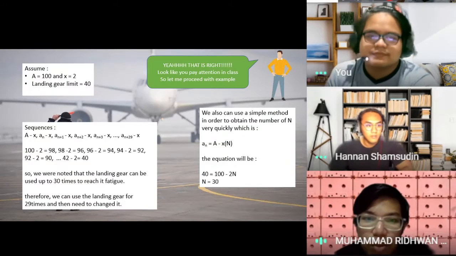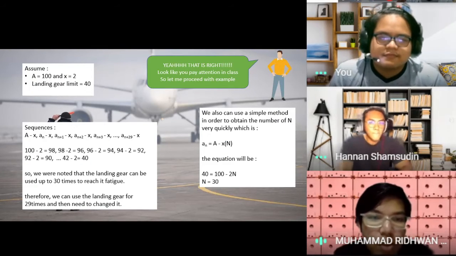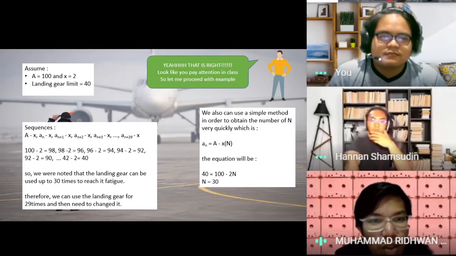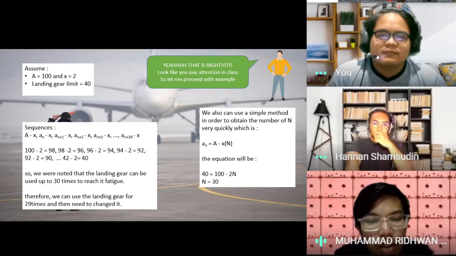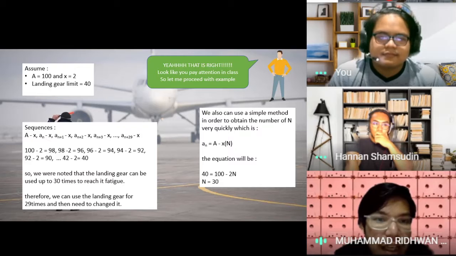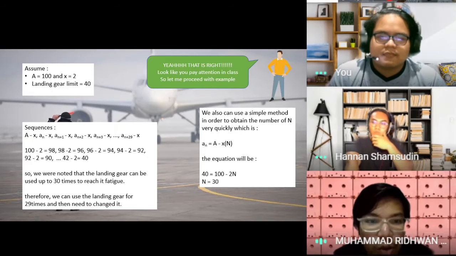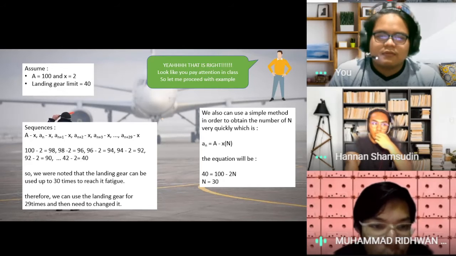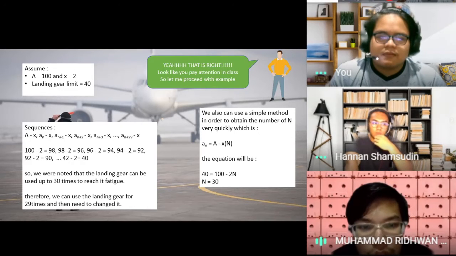So let me proceed with an example. From the equation, we assume A is equal to 100, and X is equal to 2. For the landing gear limit, we assume it is 40. Then we use the sequence a - x and so on, and we get 100, minus 2, so it will be 98, 96, 94, 92, and so on.